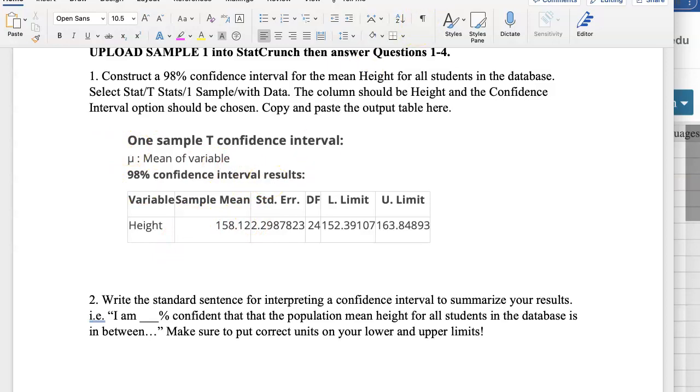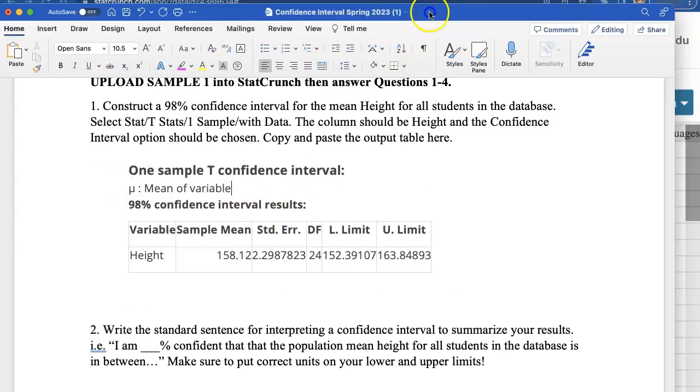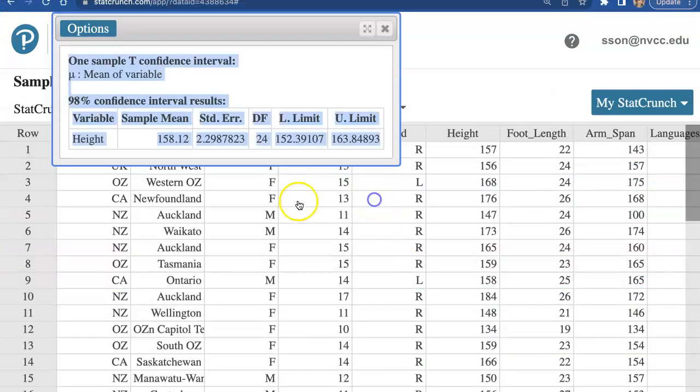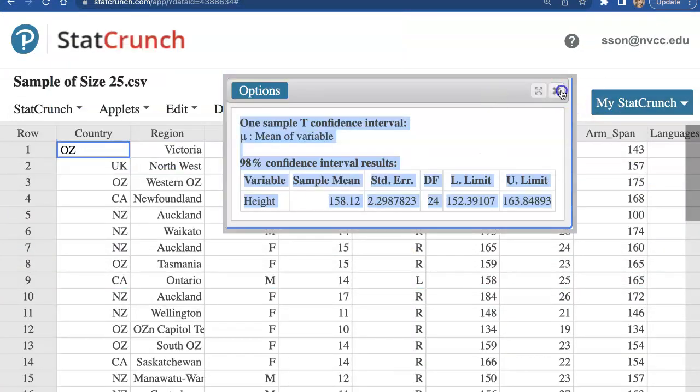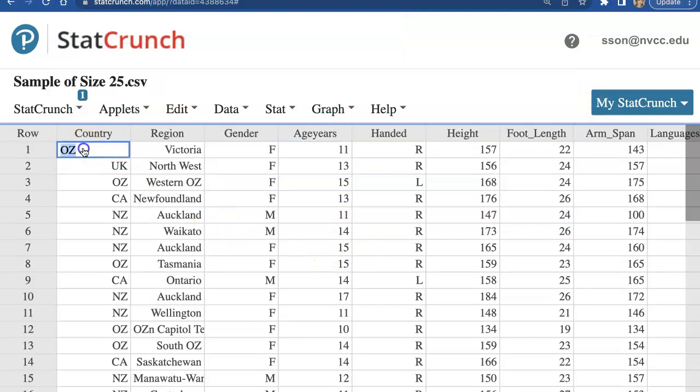Now, talking a little bit about the sample, I wouldn't say the sample is from a population of students all over the world. Look at the countries. My sample has students from what's OZ? New Zealand maybe? Okay, UK, Canada, Australia.